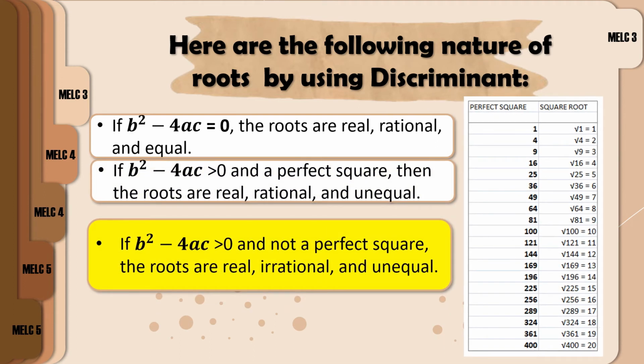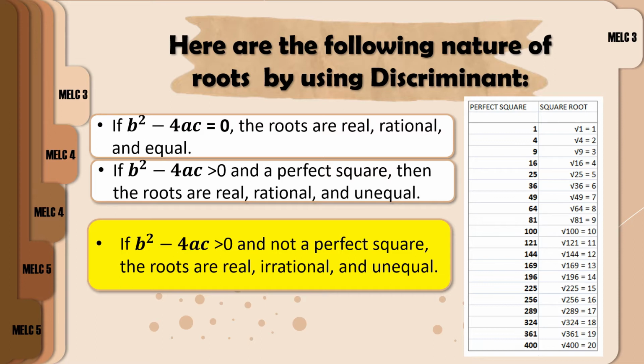Third nature, if our discriminant b squared minus 4ac is greater than 0 at ito ay hindi perfect square, the roots are real, irrational, and unequal. So ang kinaibahan nito sa dalawa, ang roots ng ating discriminant kapag ito ay greater than 0 at hindi perfect square, irrational, at unequal.